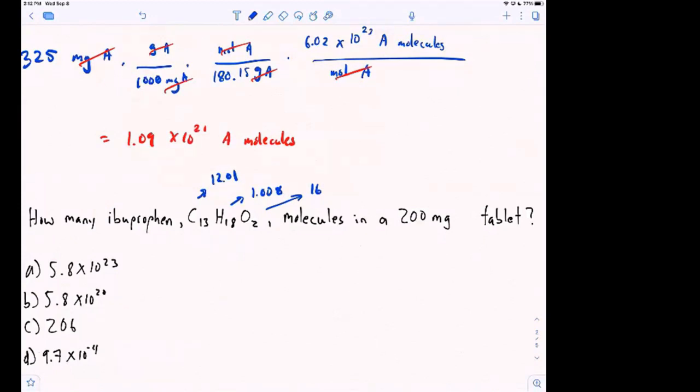Ibuprofen is 206.3 grams per mole, so 206 grams per mole. So it's going to be 0.2 grams times mole over 206. So the 206 would be where the 180 is.